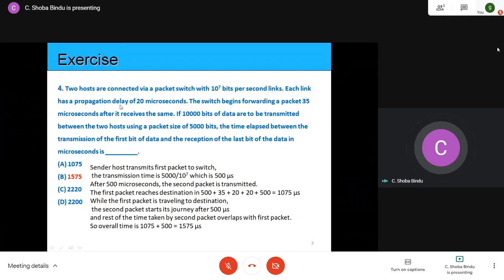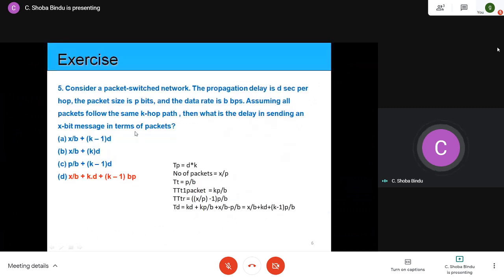Someone has asked, how did you calculate the propagation delay in that question? Why did you go for D into K as the propagation delay? The propagation delay is equal to the distance divided by the speed. That is the formula, but you have to look into the question, what is asked, whether the distance and the speed are given.